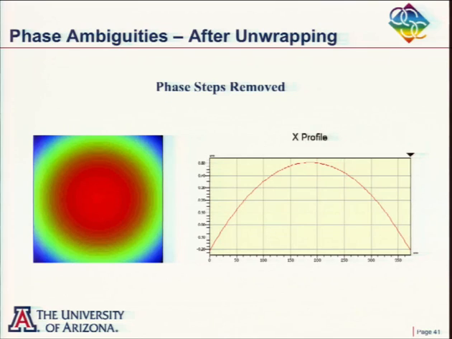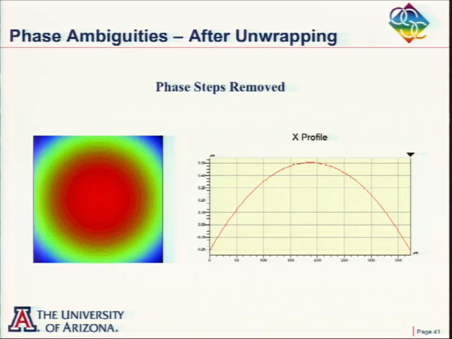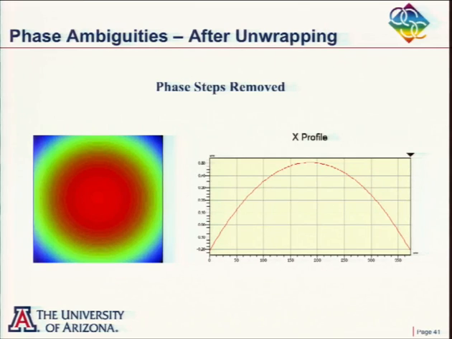Over the years, I mean, we've spent a lot of time working on this. Anyone who sells phase shifting interferometers has spent a tremendous amount of time on coming up with their particular algorithms for doing the unwrapping. And probably the one thing that we have learned that helps the most is that you first go over the aperture and you look at what the modulation is at the different points in the aperture.